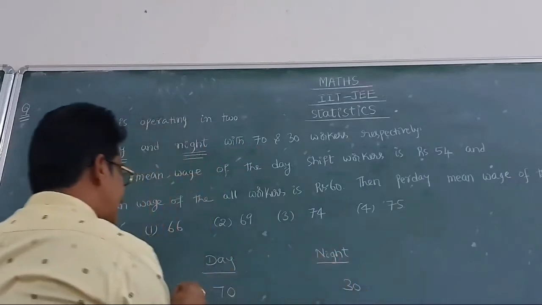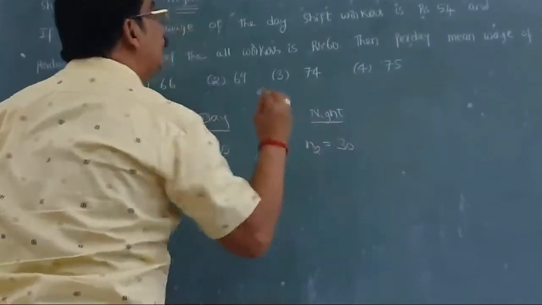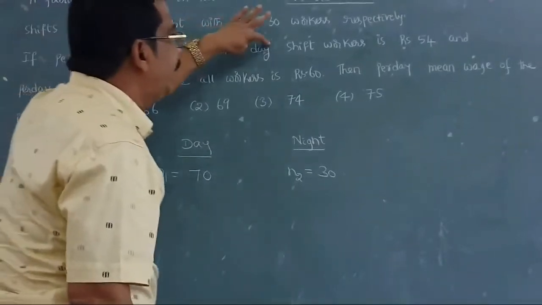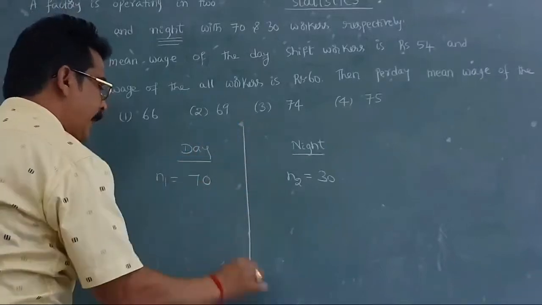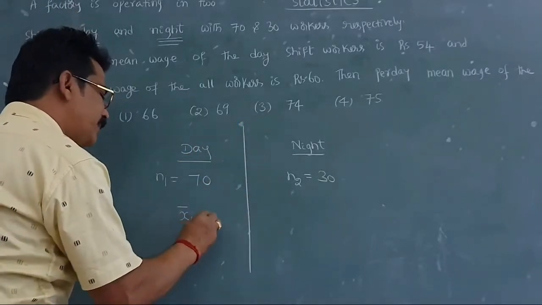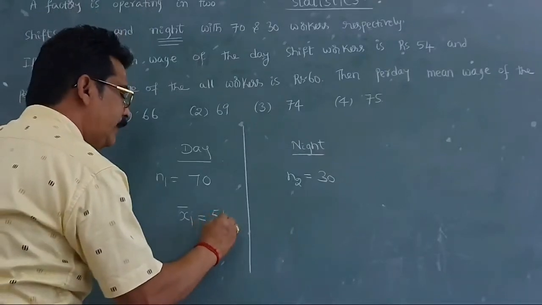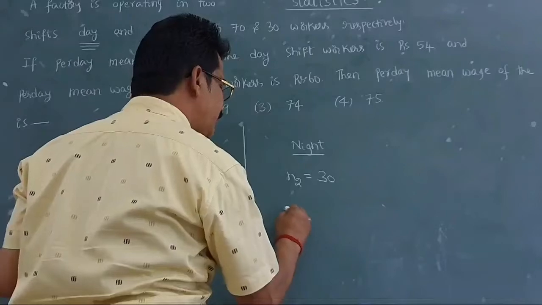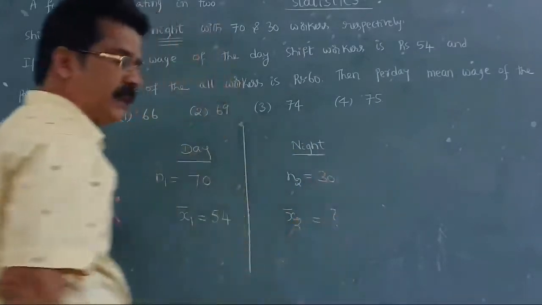So this is N1, and this is N2. If the per day mean wage of the day shift workers is 54 rupees, means X1 bar, the mean of day workers, X1 bar is equal to 54 rupees. Next, X2 bar, the mean wages of night workers, we don't know. This is the question mark.